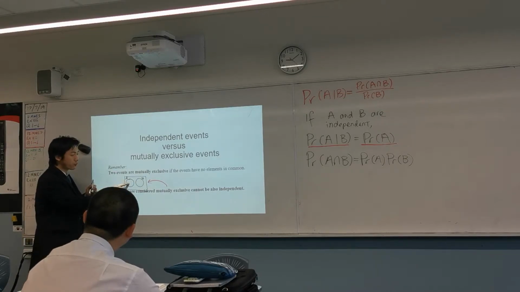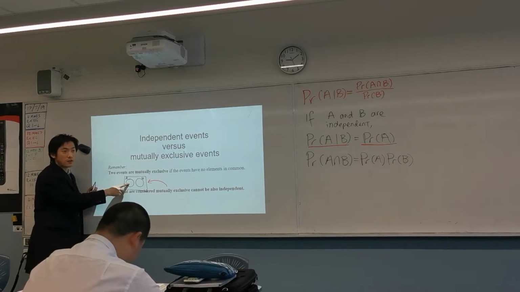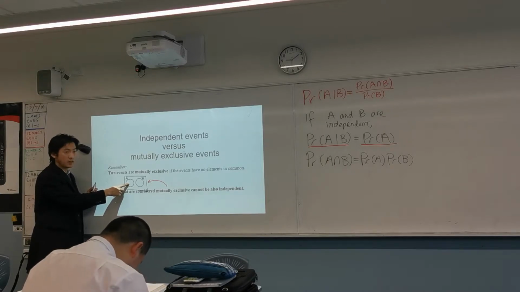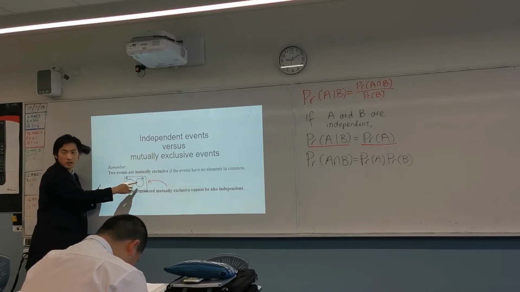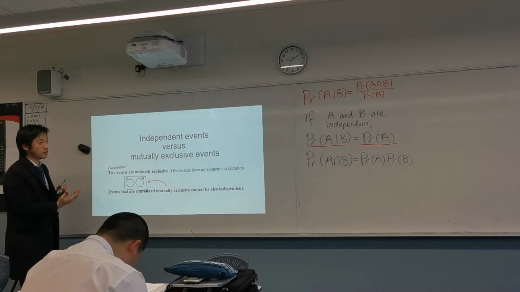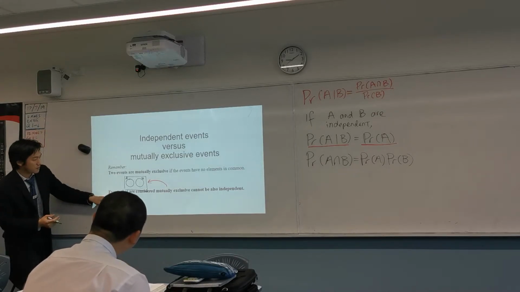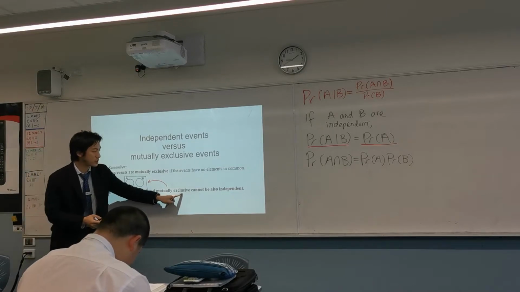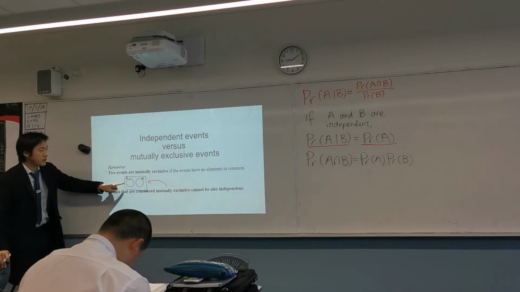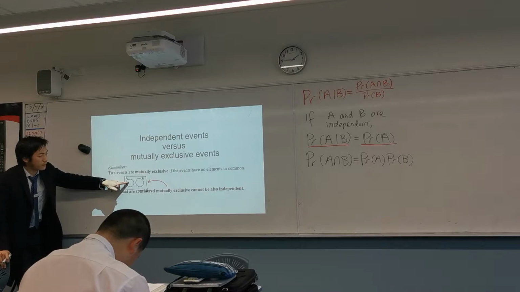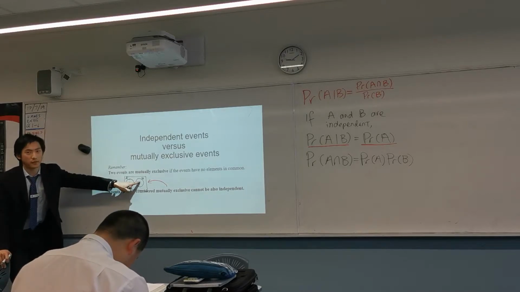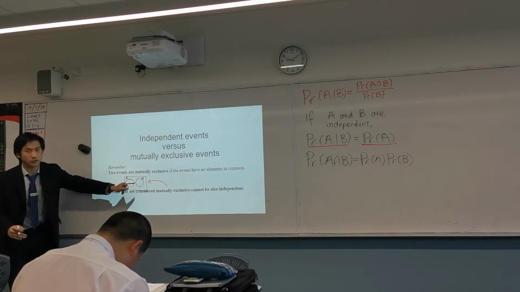If you've rolled an even number on a die, then that's affected whether your answer's odd. If your roll is even, then it can't be odd. So they're not independent with each other. So I'll restate this. Things that are considered mutually exclusive cannot be independent, because if you satisfy one event, then it affects the other event. In fact, it just makes the other event impossible.